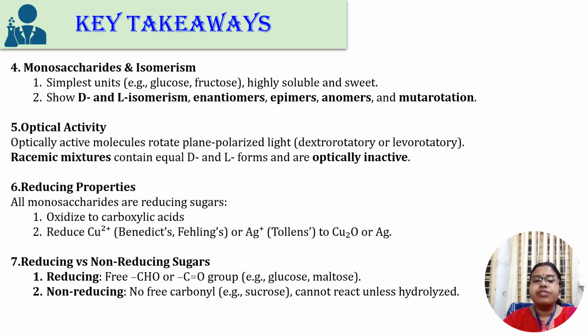All the non-reducing sugars, that means those which don't have a free aldehyde or free keto group, are non-reducing, and all the polysaccharides, because they don't have a free carbonyl group, are non-reducing in nature. Among disaccharides, sucrose is also non-reducing in nature.